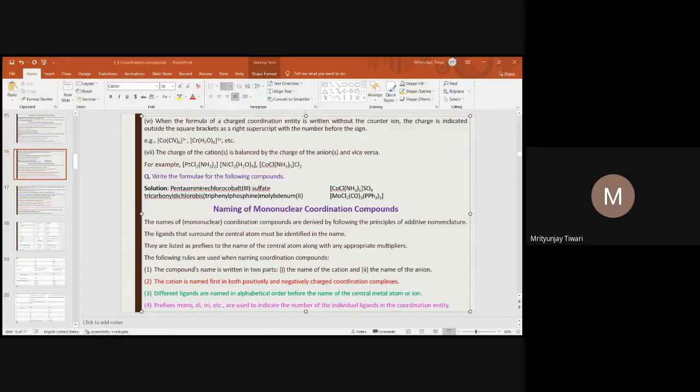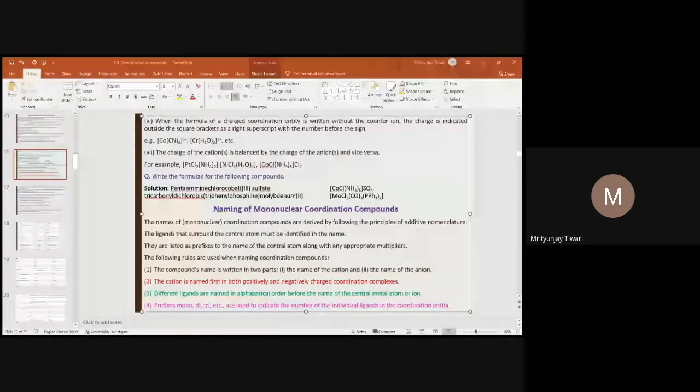The prefixes mono, di, tri, as you can see here, are used to indicate the number of the individual ligands in the coordination entity. How many ligands of a particular type are present? To represent that, we use numerical prefixes di, tri, tetra, penta, hexa, and so on.